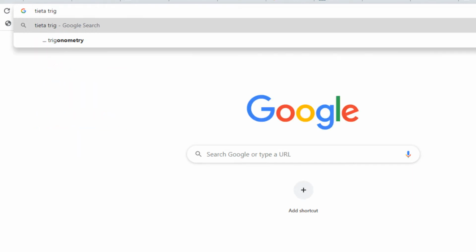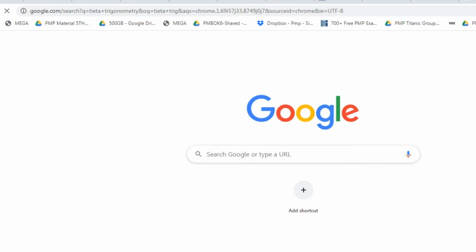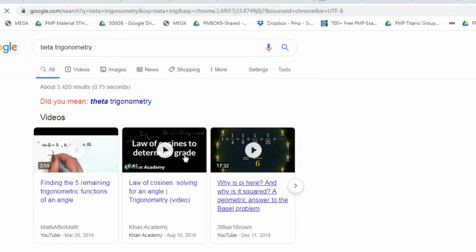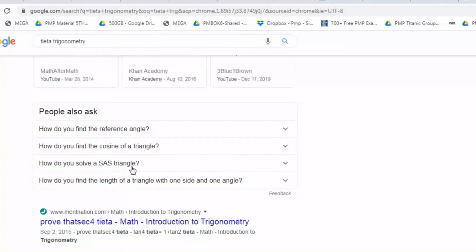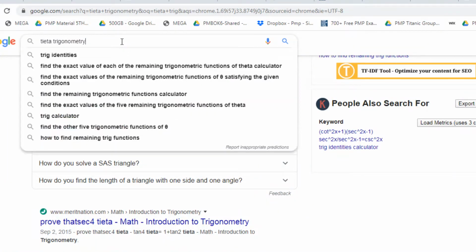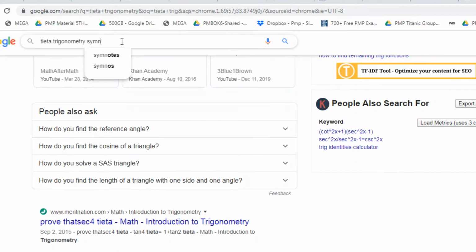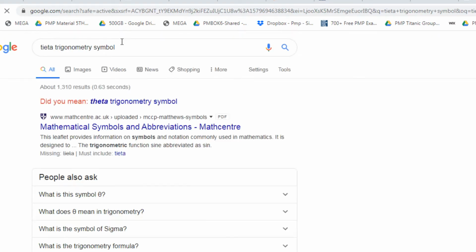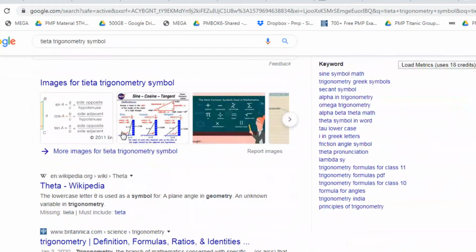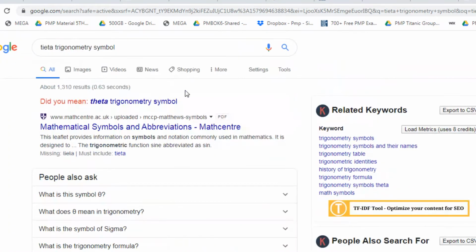Okay, so theta, yeah, this is actually a theta. I just remembered right now.